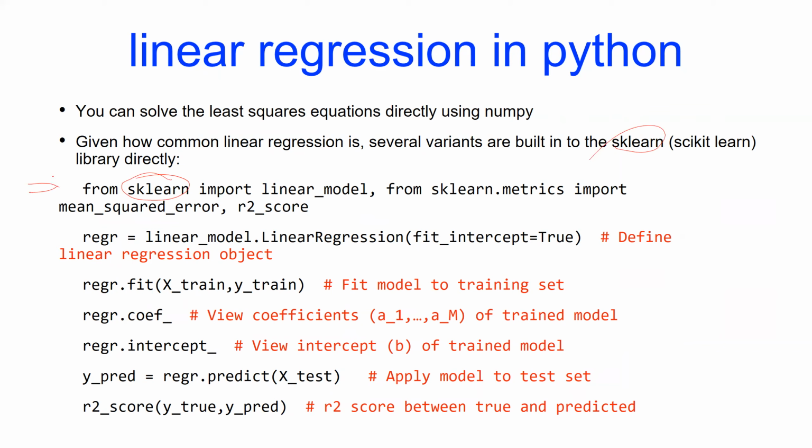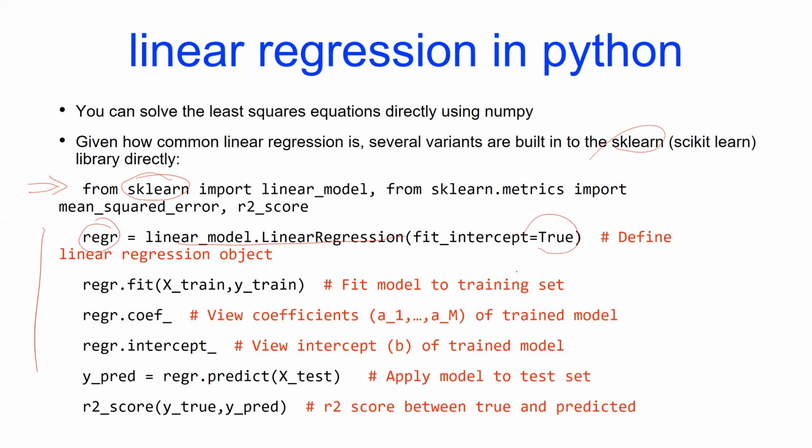Of course, you import the necessary functions or modules, and then follow this outline. This outline is applicable to quite a category of methods in sklearn. First, you create a linear regression object. This object probably doesn't see any data yet. It's just a preparation stage.